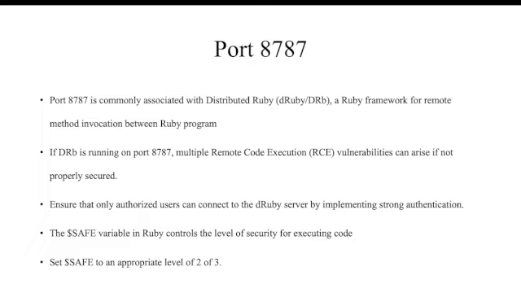Ensure that only authorized users can connect to the dRuby server by implementing strong authentication. The safe variable in Ruby controls the level of security for executing code. Set the safe variable to an appropriate level of 2 or 3.